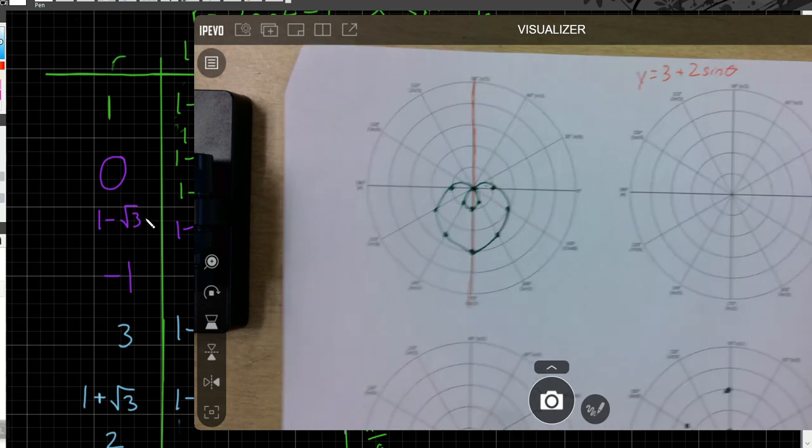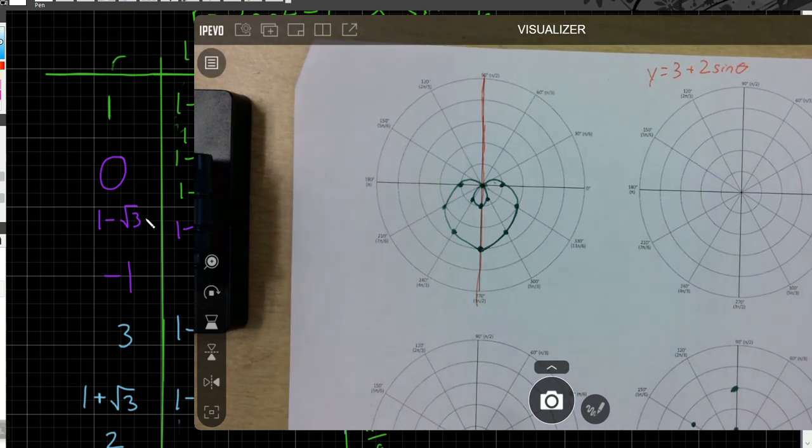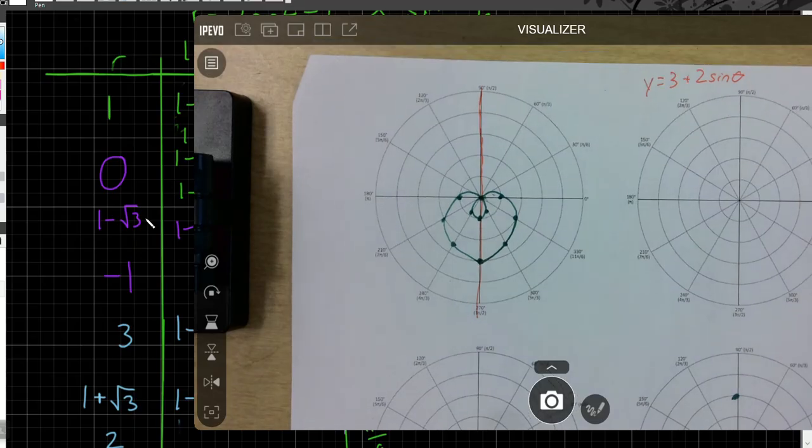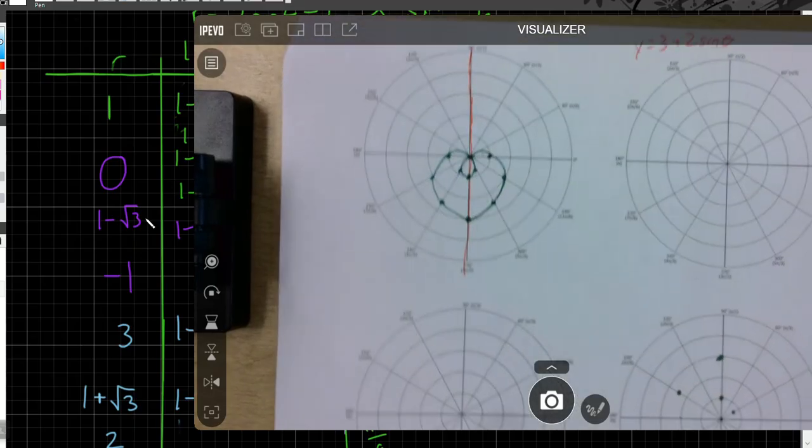So since this is a sine function, where do we have symmetry? Was the last one a sine function? Oh, you want a cosine function? Sure. Okay, we'll do cosine for the next one because it looks prettier.